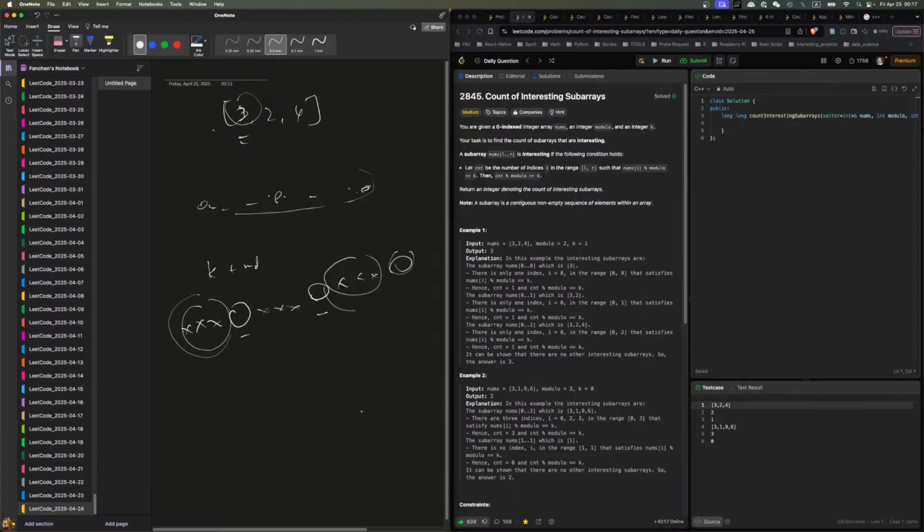So next one, basically we have indices 0, 1, 2, 3. We have 0, 2, and 3 satisfying. And then k is 0, so our requirement is to have 3. We need to have 3. Oh, count can be 0.